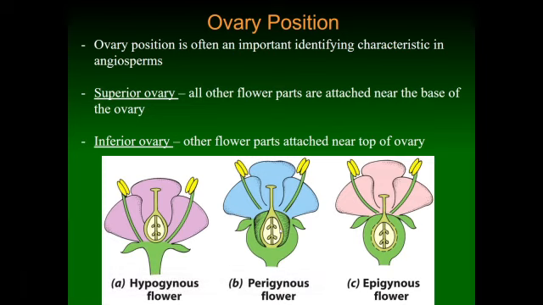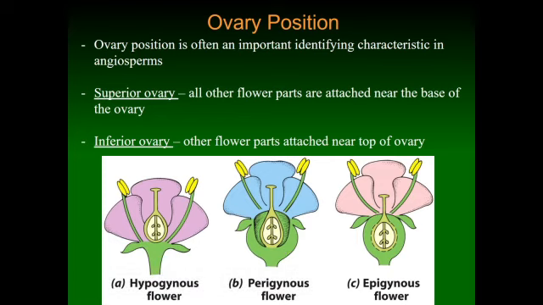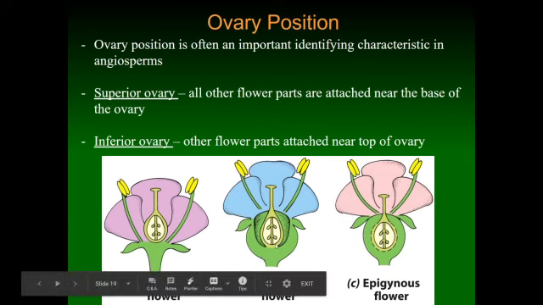Now, what may be a little bit confusing down here is we have two other terms. So there's other descriptive terms we can use to describe the flower. A hypogynous flower means that the flower parts are attached below the ovary. So this is still a superior ovary, but the rest of the flower is hypogynous. Hypo meaning below. Now this one in the middle is a little bit confusing, and we'll hopefully get to look at some of these, which reminds me I need to go force some branches for y'all for week after next.